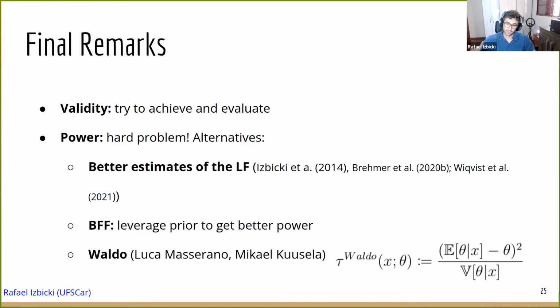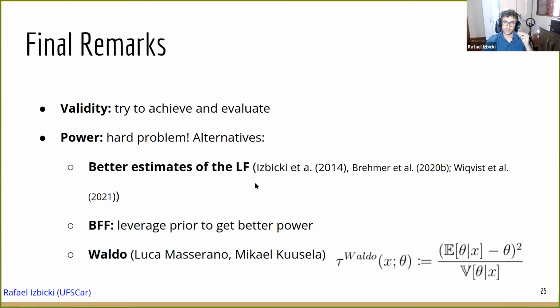If your model has this property, like if you have missing data or something, then you can estimate the likelihood function in a more efficient way. This paper by Humberto has a sequential version of how to estimate the likelihood function, which takes advantage of the fact that you're doing this sequentially to get a better estimate of it. And so there are other ways of estimating likelihood functions that would solve some of the issues.